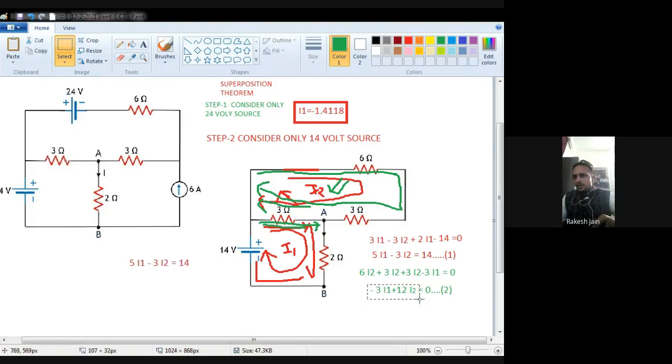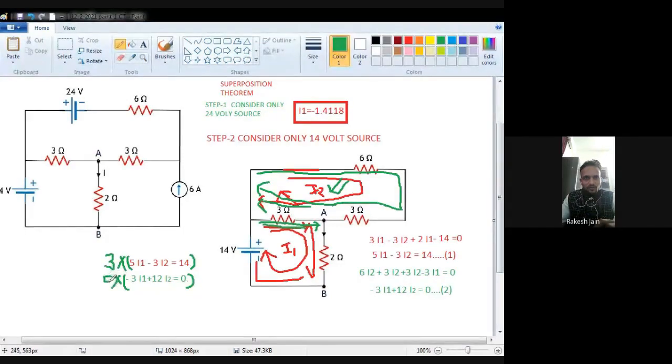Now I see this branch, and here no voltage source and no resistance is there, so there is no need to write this. Now I go to the upper side and the negative sign comes first, the 14 volt battery, so I write negative 14, and that is equal to 0. This is my equation number 1.